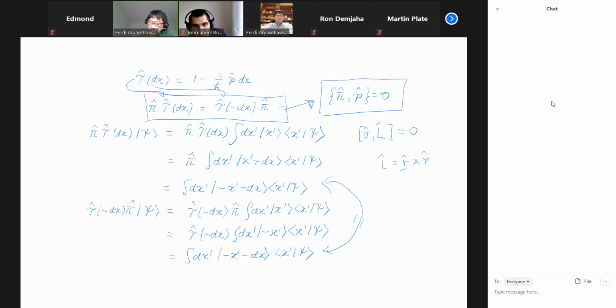So since both r and p anticommute with the inversion operator, the inversion operator commutes with the angular momentum. So then, like before, we assume that this is also true in general for J, where J can be just the usual angular momentum or spin.